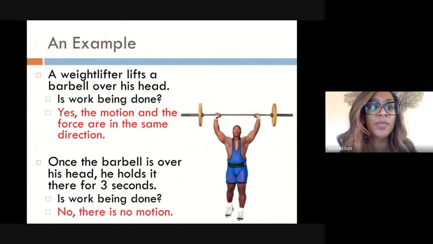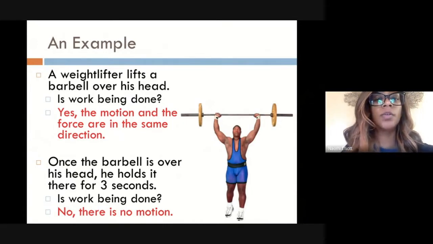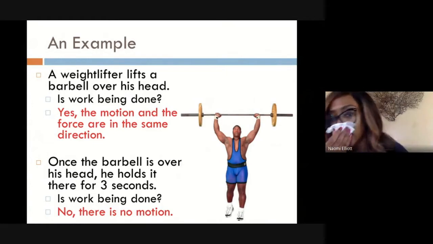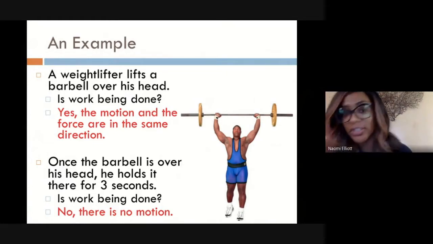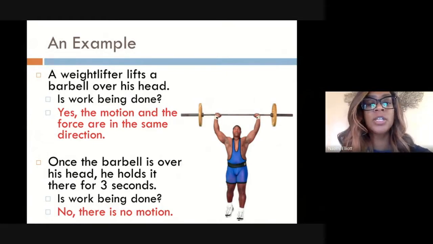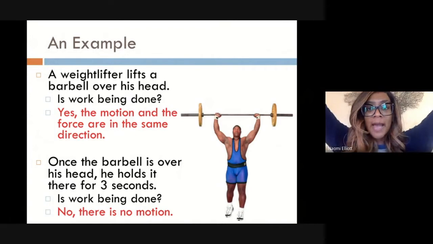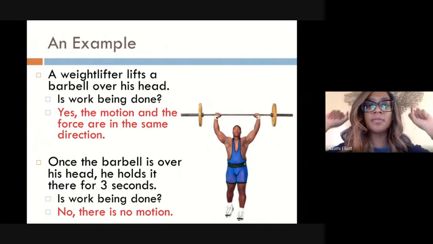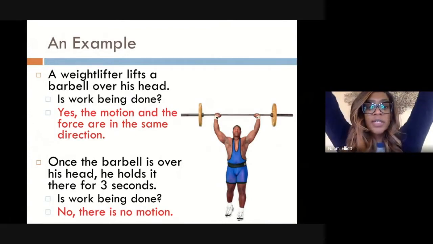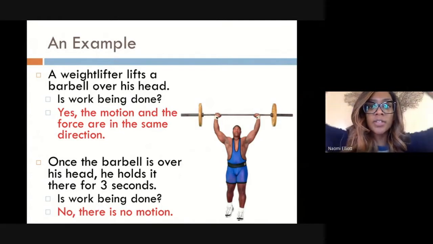An example of work is a weightlifter lifting a barbell over his head. Is work being done? The answer is yes. The motion and the force are in the same direction. If I lift something over my head, I am doing work because I am applying a force and there is a direction, a distance.